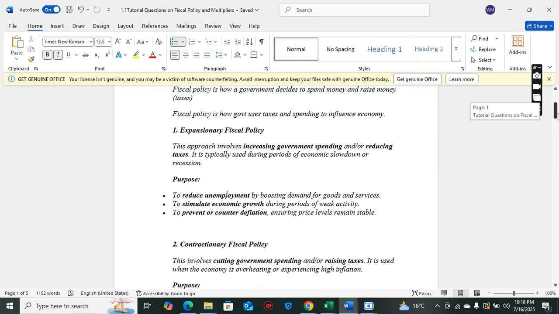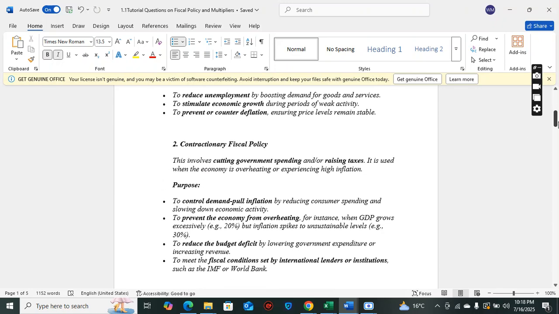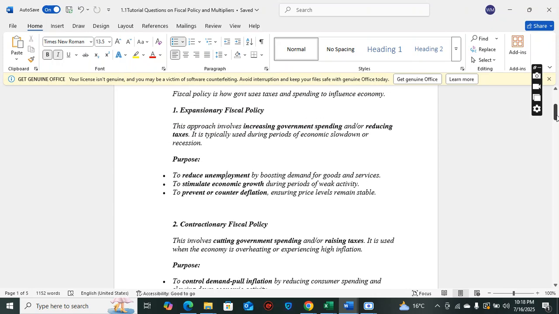Then we have contractionary fiscal policy, where government reduces spending. Oh, one more thing on expansionary fiscal policy. I said expansionary fiscal policy is when government increases spending or reduces taxes. When government reduces taxes, it means more disposable income for businesses and people.